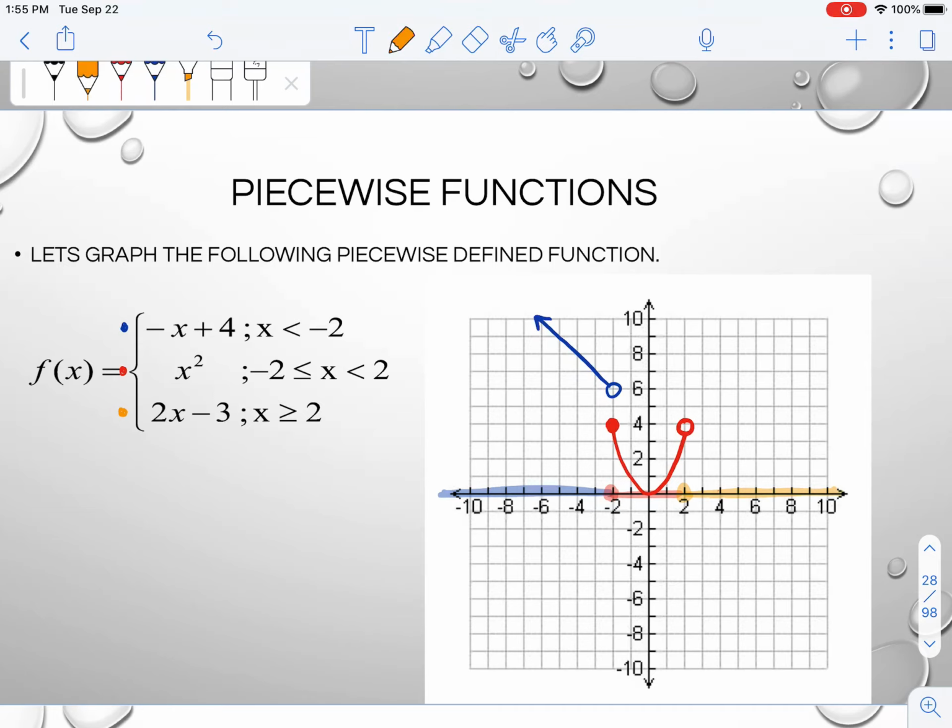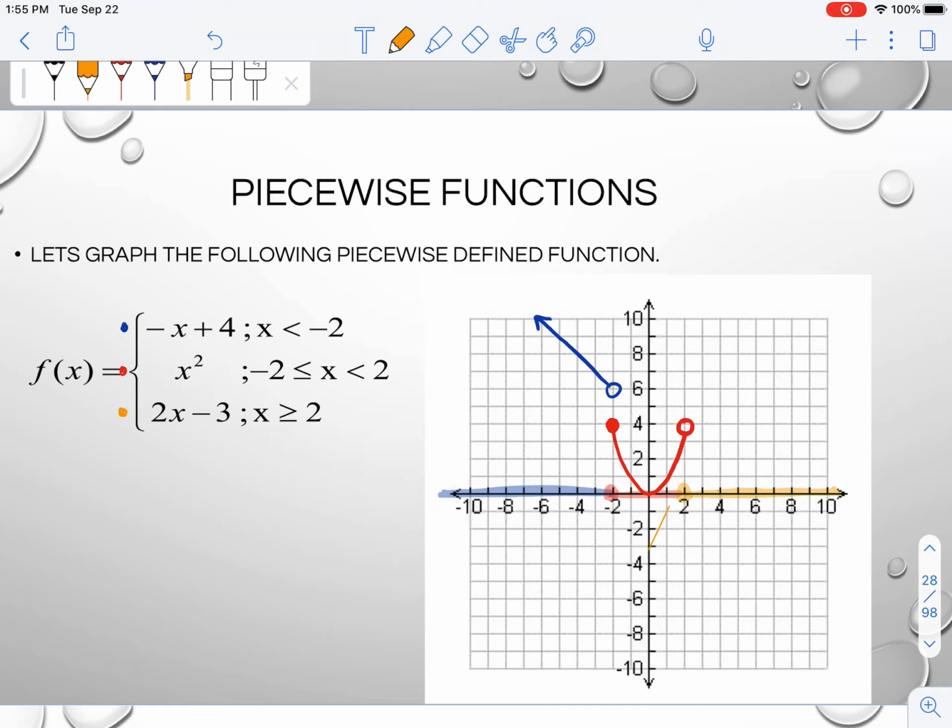For our last interval, I'm going to have 2x minus 3. So I'm going to have a line that looks something like this. And again, I only want this when my x values are greater than or equal to 2.